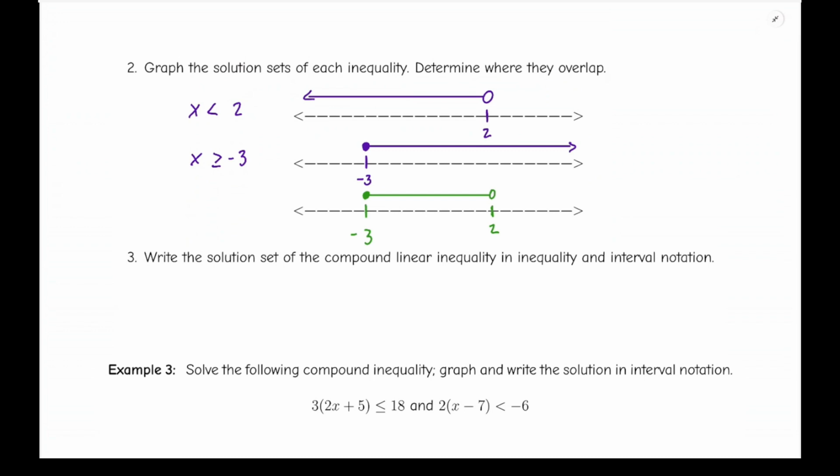So in inequality notation, we can actually write it as a double inequality. So we get negative 3 less than or equal to x less than 2. That is inequality notation. Then in interval notation, it's bracket negative 3 comma 2 parenthesis.